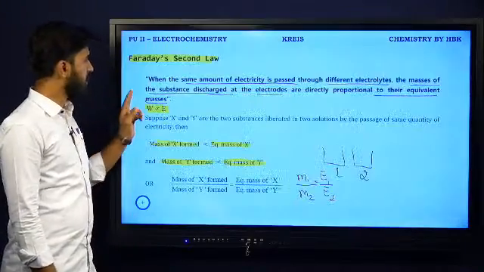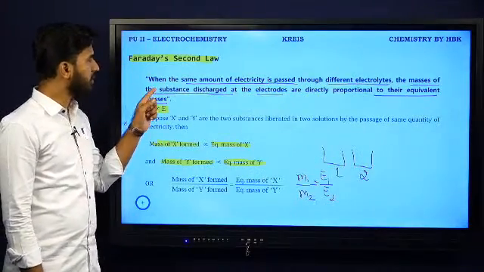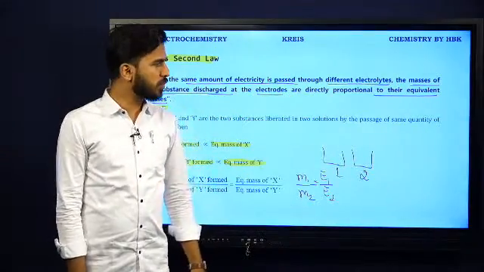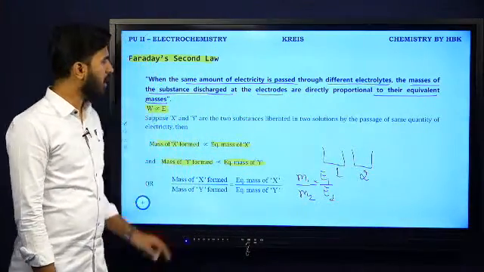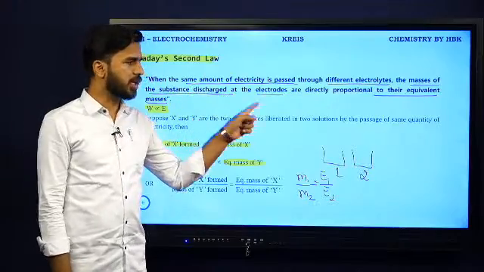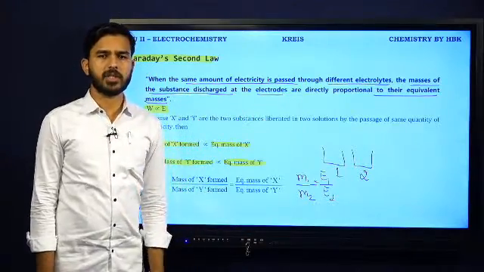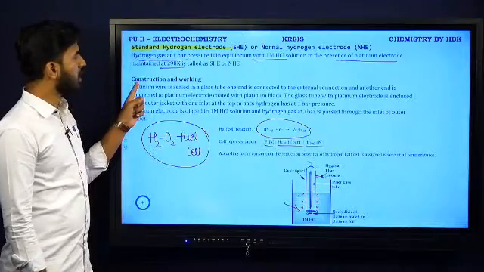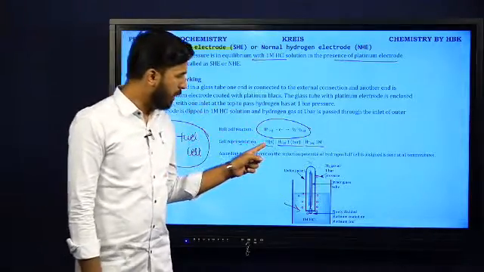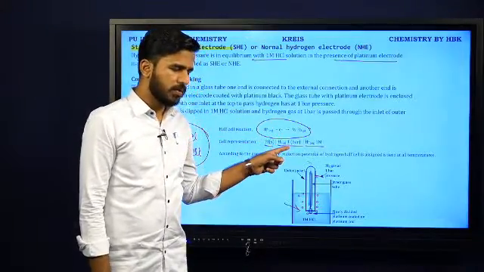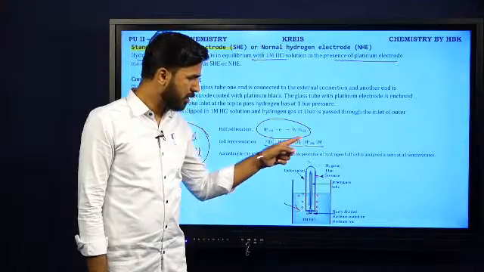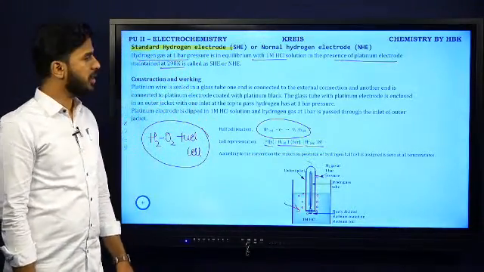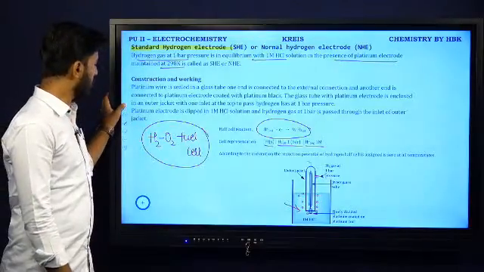After that, Faraday's second law: when the same amount of electric current is passed through different electrolytes, the mass of the substance discharged at the electrode is directly proportional to their equivalent mass. Next is the standard hydrogen electrode: platinum electrode, 1 bar hydrogen gas pressure and 1 molar hydrochloric acid solution is nothing but the standard hydrogen electrode.